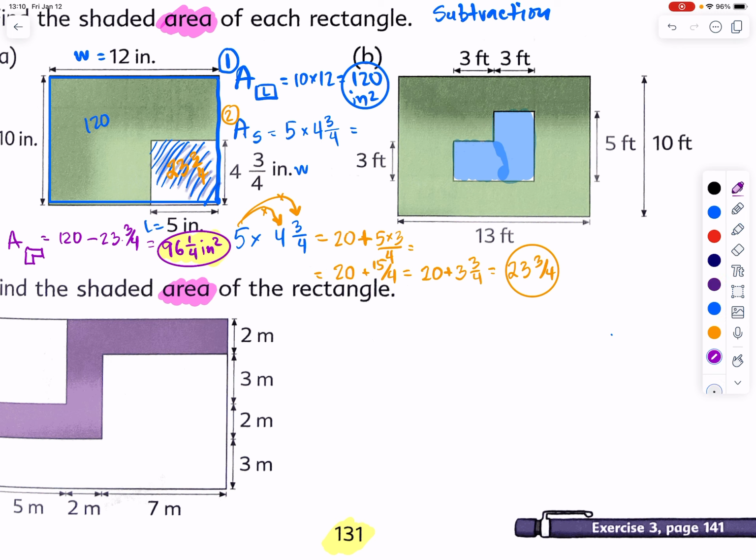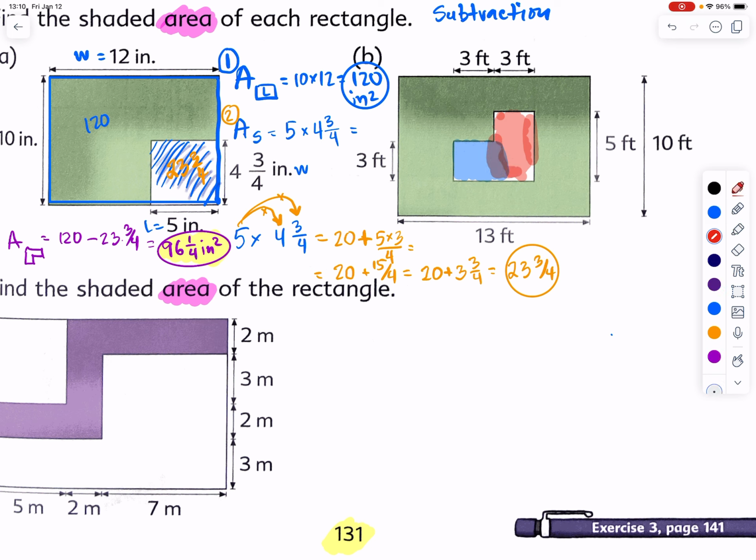Well, as we see, the piece in the middle has two parts, right? So let's break it into two parts, into these two rectangular shapes.